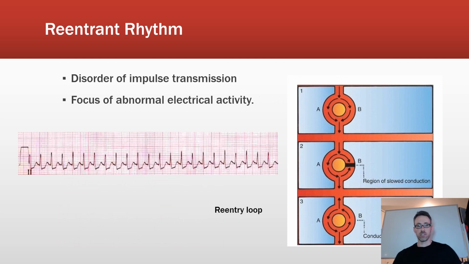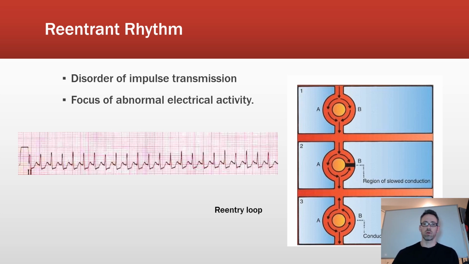Now, in reentrant rhythms, this is what I was describing before, where you have this disorder of impulse transmission, and you end up with sometimes a small focus of abnormal electrical activity, but it could also be many foci, or even large areas of the heart.